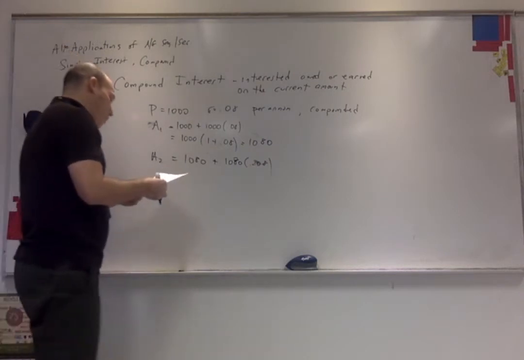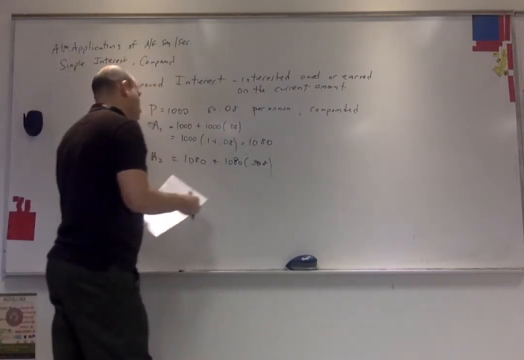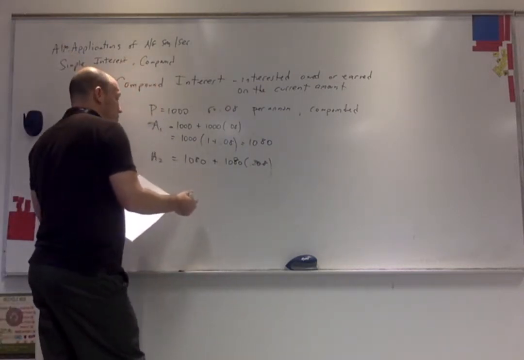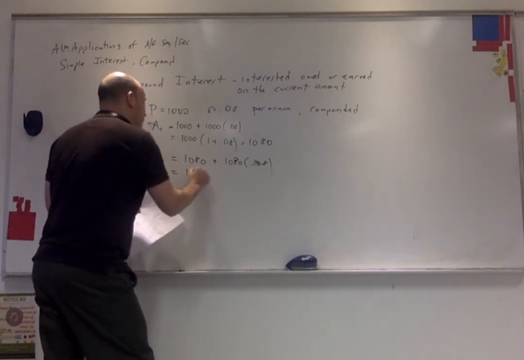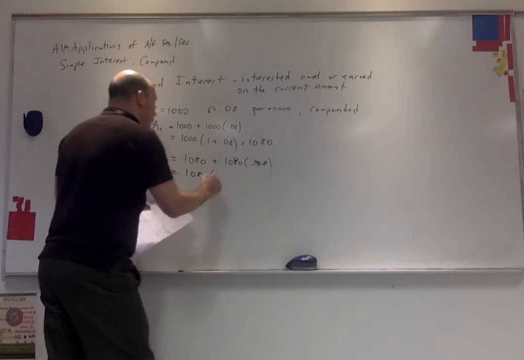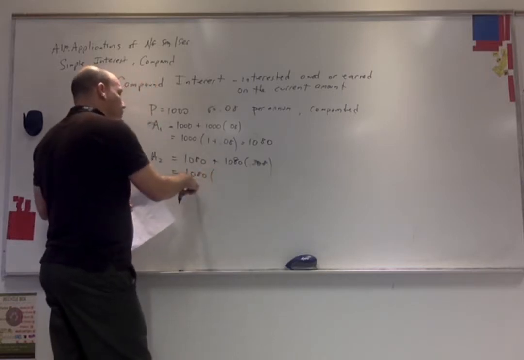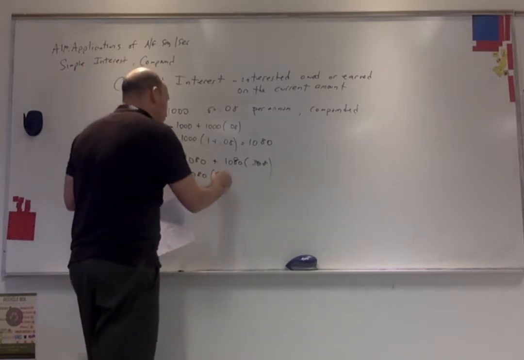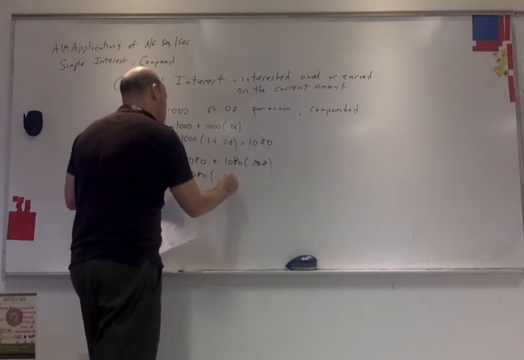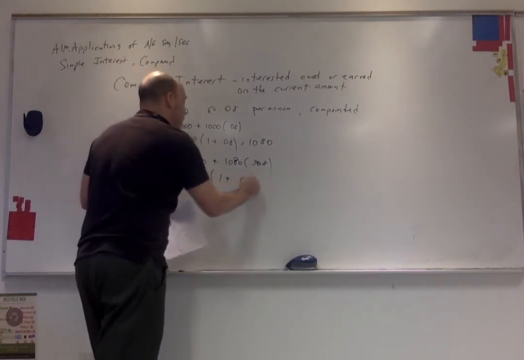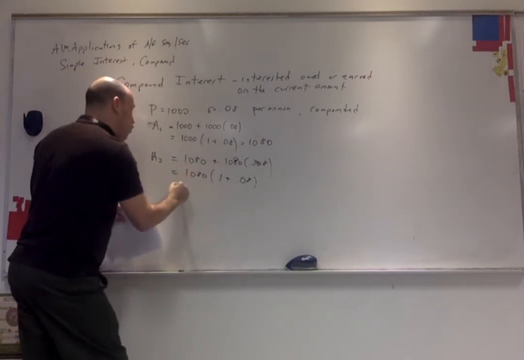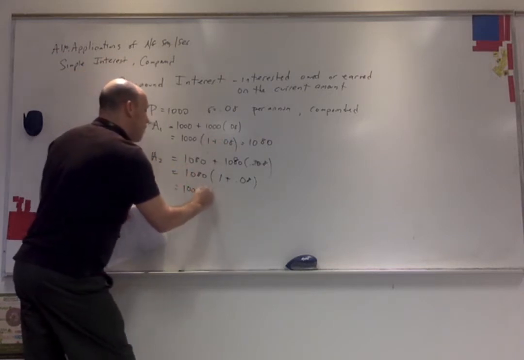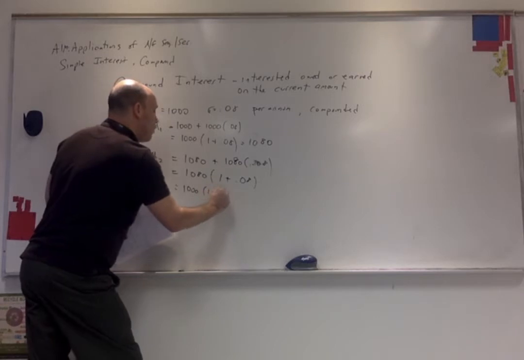So I can factor out, what can I do? Well, let's just do it mathematically. If I pull in 1080 here, I have 1 plus 0.08, but over here when we factored out the 1080, we said that was also 1,000 times 1 plus 0.08.